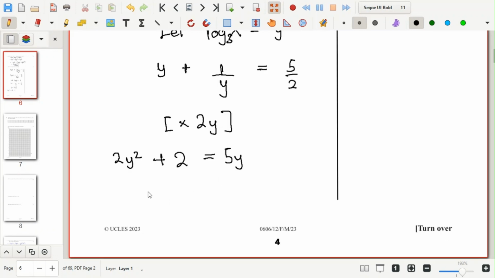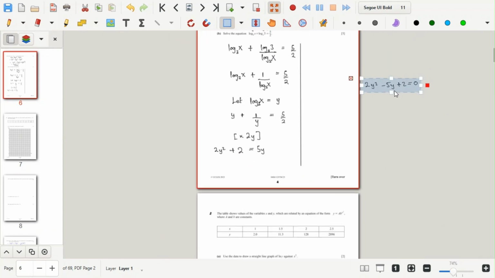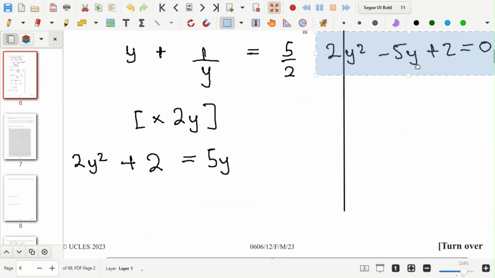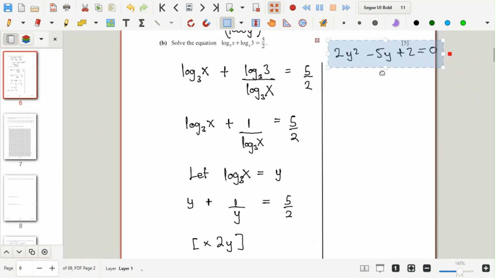So when I solve this, I'm going to get 2y squared minus 5y plus 2 is equal to 0. Okay, so let me move this to the top here.